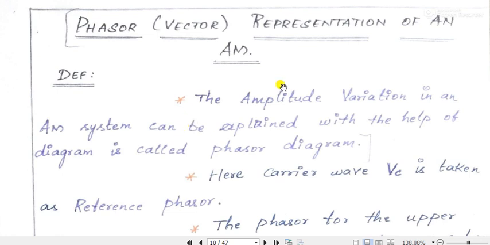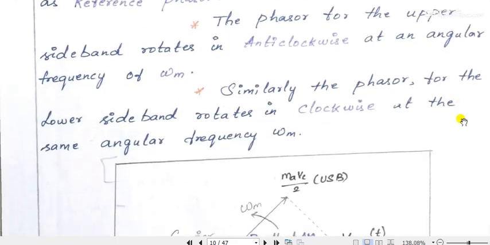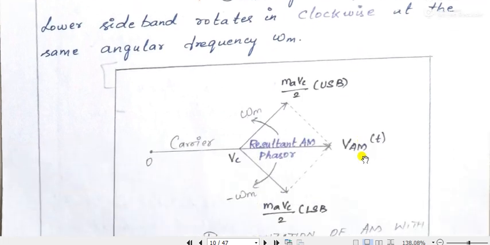Phasor representation of AM. The amplitude variation in an AM system can be explained with the help of a diagram called the phasor diagram. Here the carrier wave Vc is taken as the reference. This is the phasor diagram for the upper sideband, and this is the lower sideband. The upper sideband rotates in the anti-clockwise direction and the lower sideband rotates in the clockwise direction.